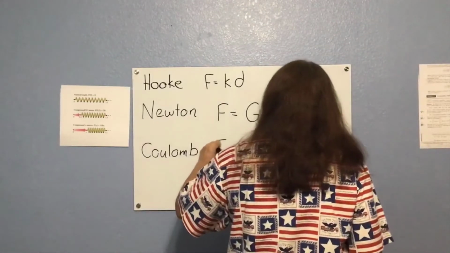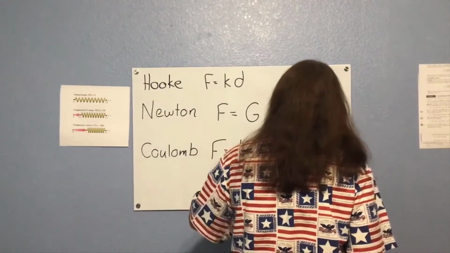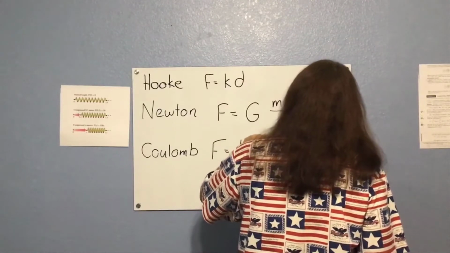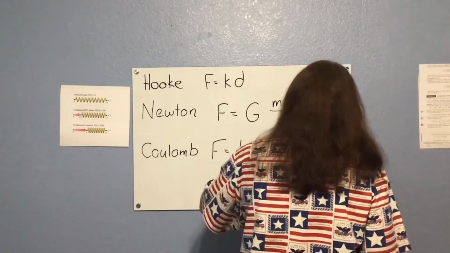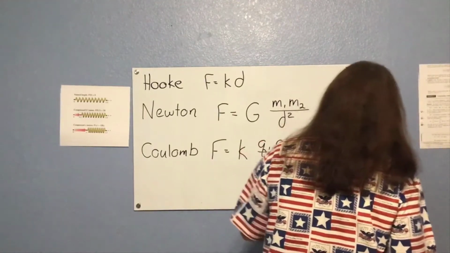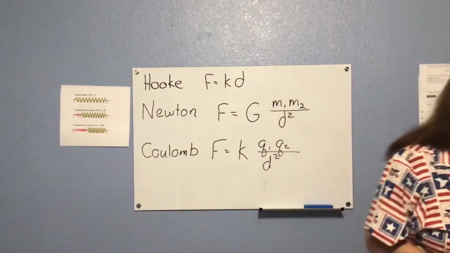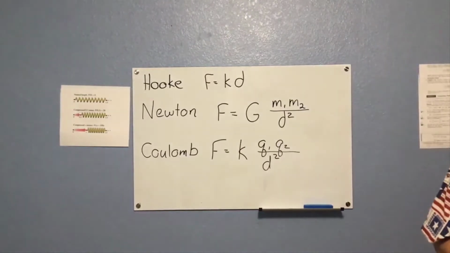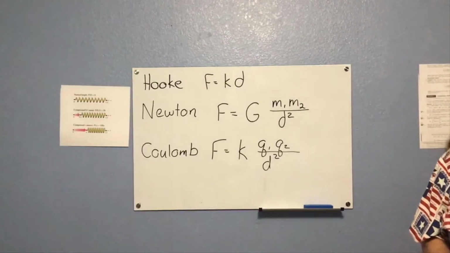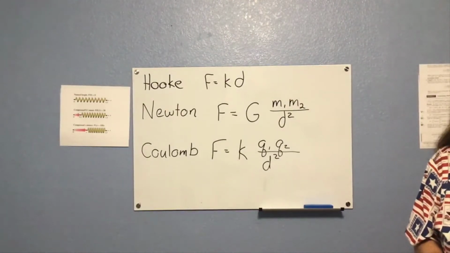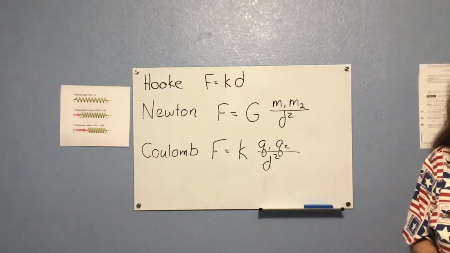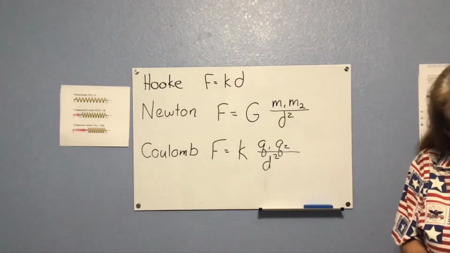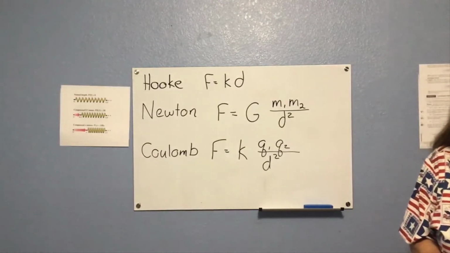This is force is equal to K, where K is a constant, times Q1 Q2, divided by D squared. Q1 and Q2 are the charges on the particles, and D again is the distance between the particles.